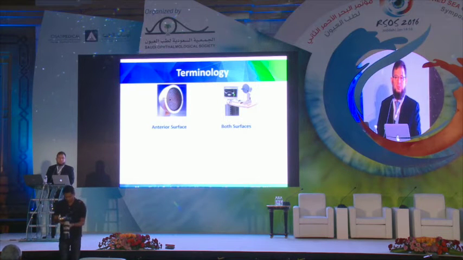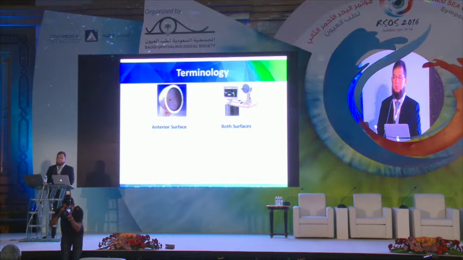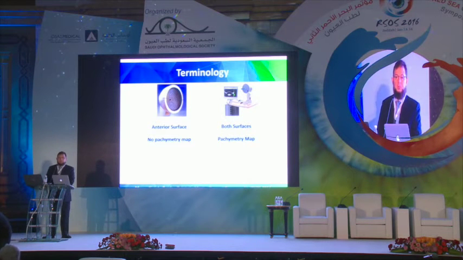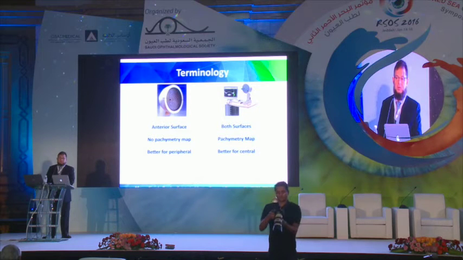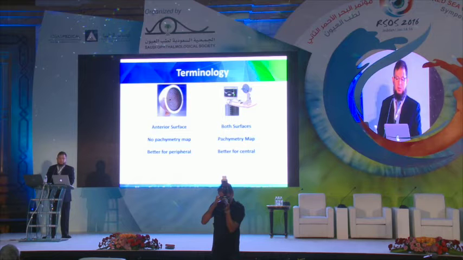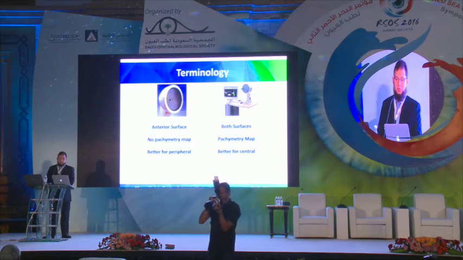Actually, topography gives information for the anterior corneal surface, while the Scheimpflug-based give both surfaces. In topography, there is no pachymetry map, while in the Scheimpflug-based there is. The most important thing is topography gives better details for the corneal periphery, while tomography gives better details for the center of the cornea.